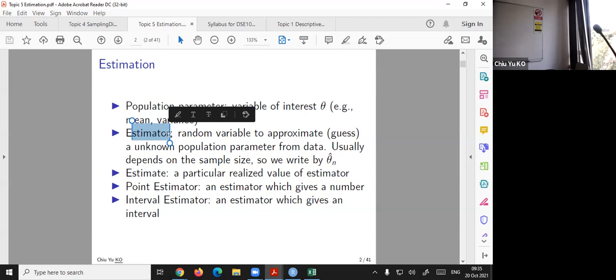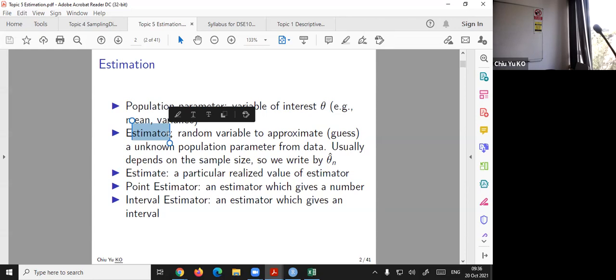Okay, and after that, we'll talk about the interval estimator, which means that instead of giving a single number, we give a range. A typical example would be when you look at the financial news and ask the expert, what is your expectation of today's stock market, the Hang Seng Index, right? If the guy says today's Hang Seng Index will be 25,000, that's a point estimate.